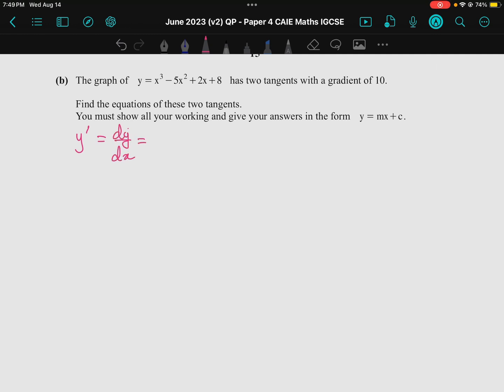To find dy by dx, you will get 3x square minus 5 2s are 10x plus 2 plus 8, which is given as 10. This is the gradient. Y dash means you are finding dy by dx, which is the gradient of the equation, which is already given as 10.